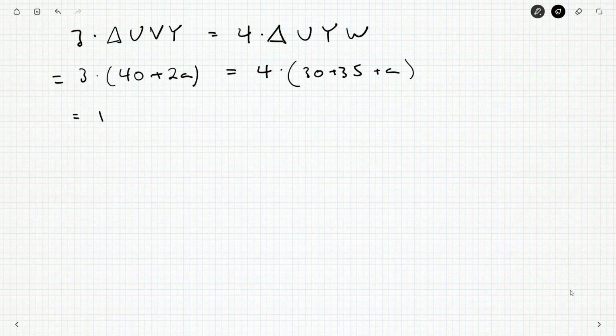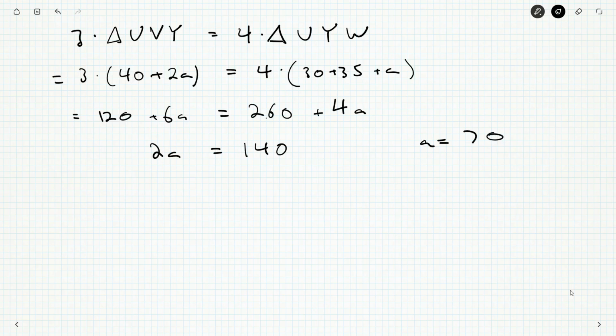So we'll get 120 plus 6a is equal to 30 and 35 is 65 times 2 is 130 times another 2 is 260 plus 4a. So 2a on one side, 140 on the other. A is going to be 70 again? Really? Okay, I suppose.